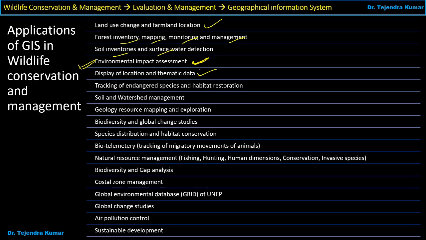Okay, so this is the map, which is the reference point. On that map we are placing the things. Overlay, so this kind of data can be seen.